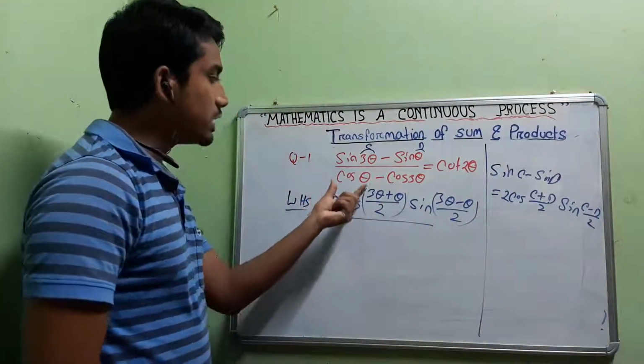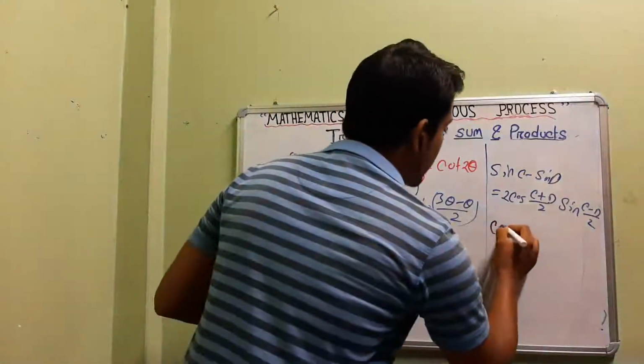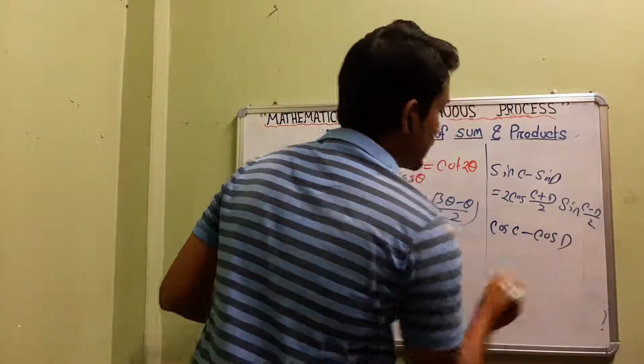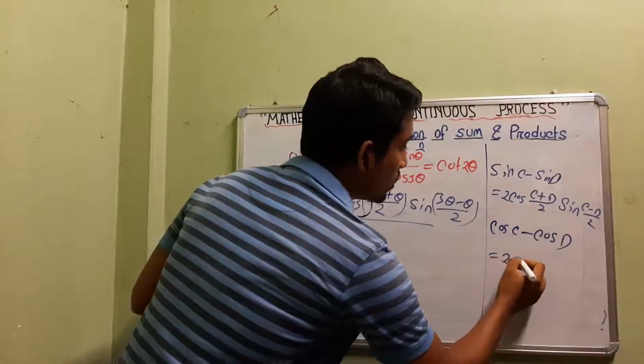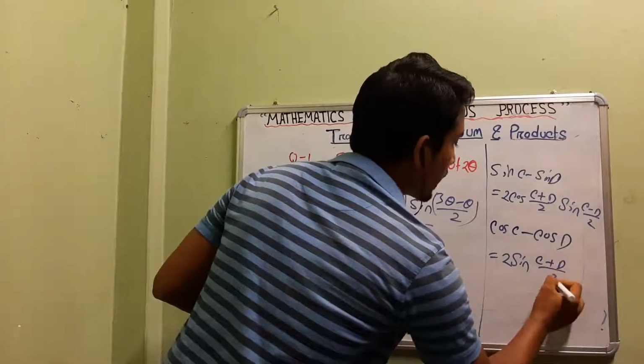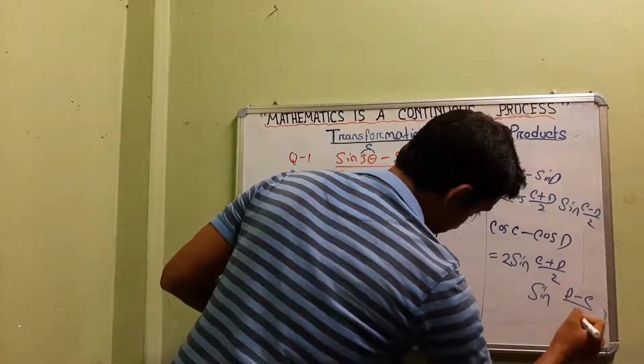Again for the denominator, it is cos C minus cos D, that was the fourth formula, the different formula, star mark I have given. In that case, both the things will be sine: 2 sine C plus D by 2, and another one is also sine D minus C by 2, just in the reverse manner.